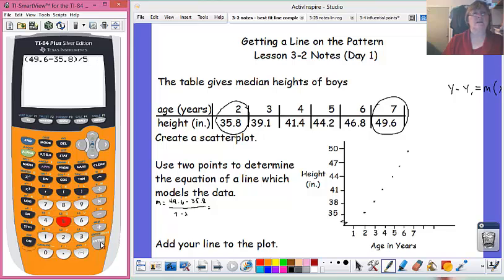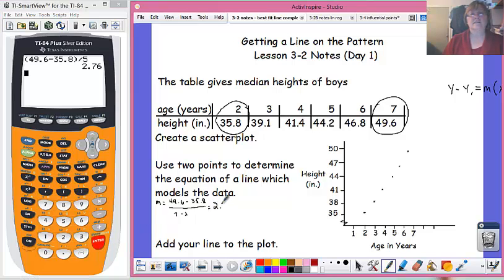I can do that part in my head. The slope of our line is 2.76 inches per year. That's what the slope is telling us: the number of inches that a boy grows in this particular scenario per year. So almost 3 inches per year.